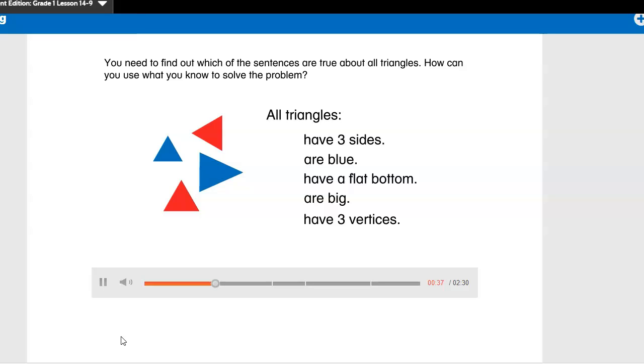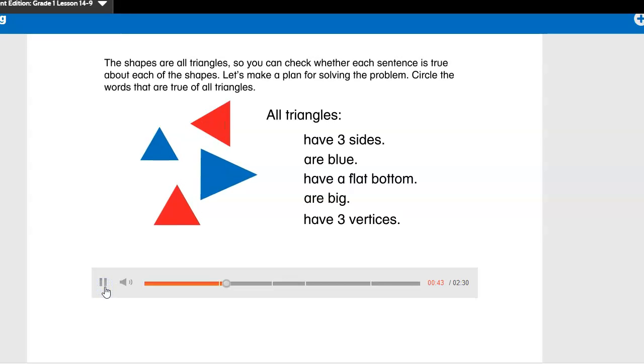How can you use what you know to solve the problem? The shapes are all triangles, so you can check whether each sentence is true about each of the shapes. Let's make a plan for solving the problem. Circle the words that are true of all triangles.